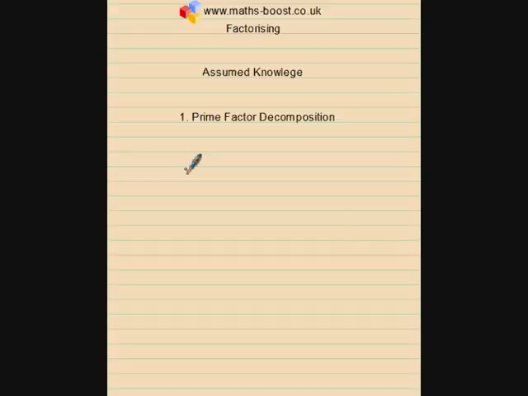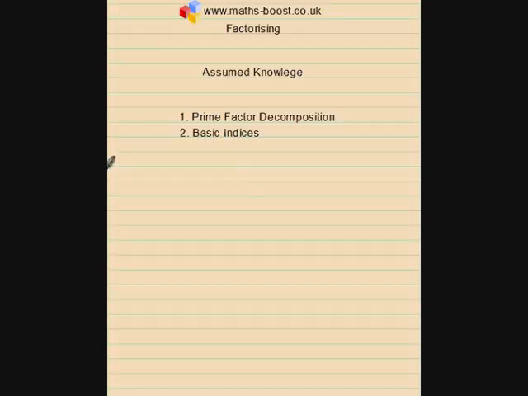To give you an example, if I was to write out the number 30 and ask you to write that out as a product of its prime factors, you should be able to tell me that 30 can be written out as 2 times 3 times 5, and this is a product of its prime factors. These are all prime numbers, so you've got to be able to do that.